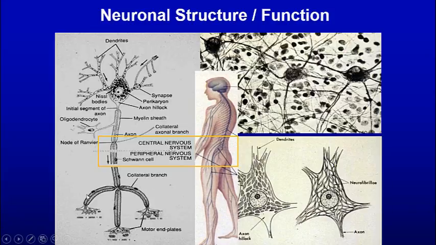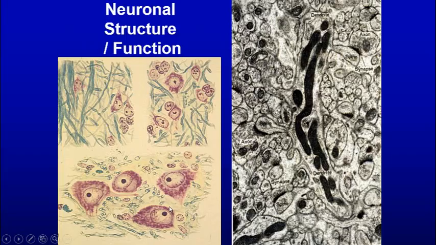This is some peripheral collateral branches that come out here, so it can have a motor end plate on the various muscle fibers. So this cell is telling these cells to contract, and so we can see the cell bodies. There's a nucleus, very euchromatic nucleus, nucleolus in the middle, and then we see the Nissl substance there.